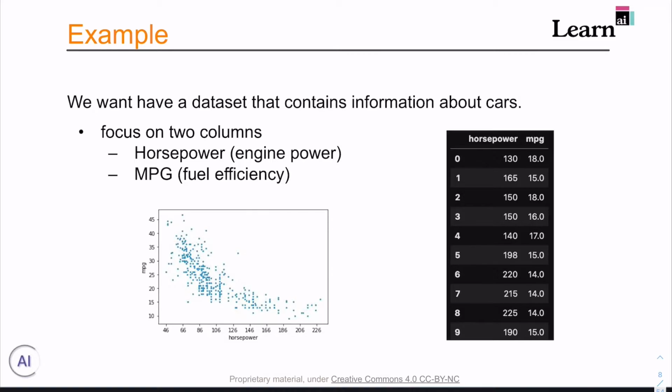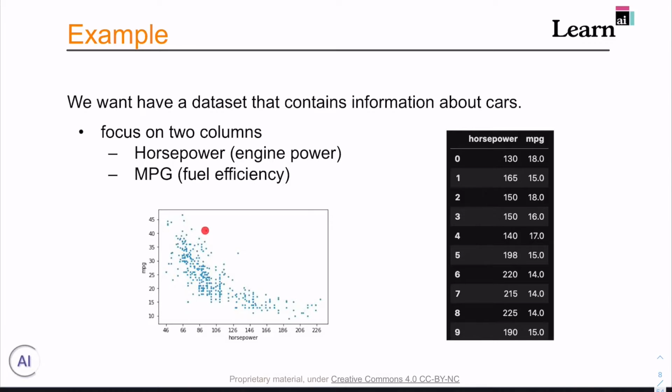Basically, how far can you go given a certain amount of fuel? So we've zeroed in on these two columns, and I've plotted them for you as well. This is miles per gallon, horsepower. Each point represents a car.